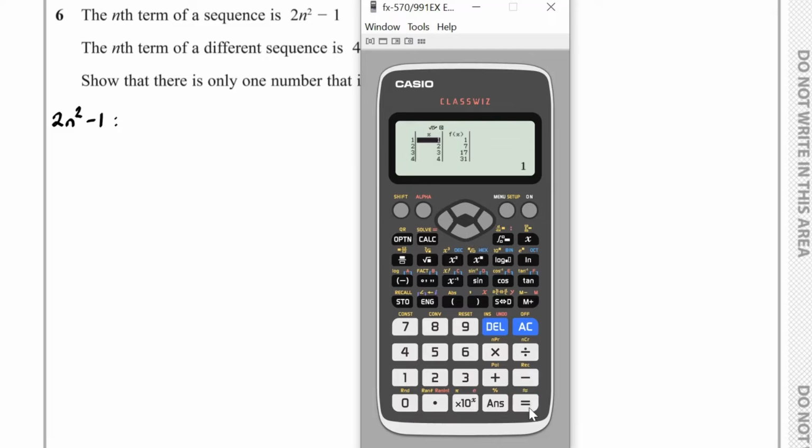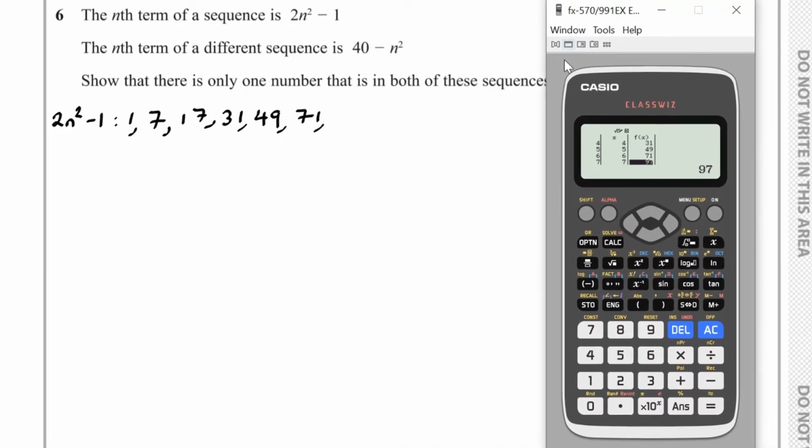If we do that, we've got 1, then 7, then 17, then 31, then 49, then 71, then 97, then 127, then 161, then 199, and those are our first 10 terms.